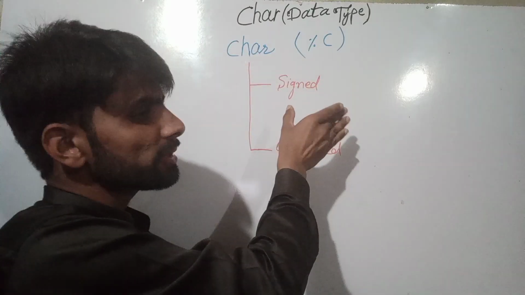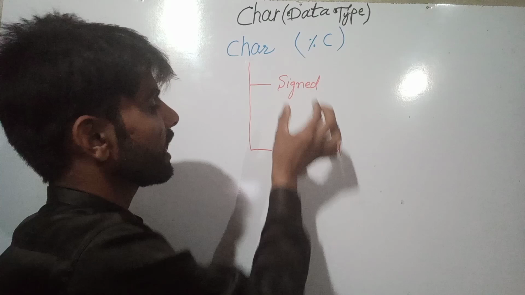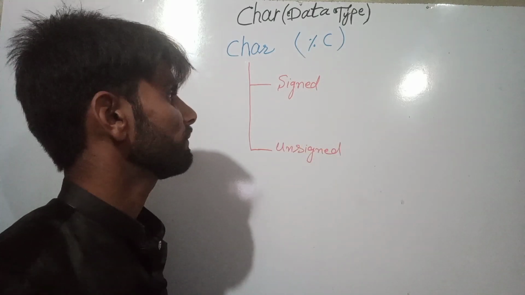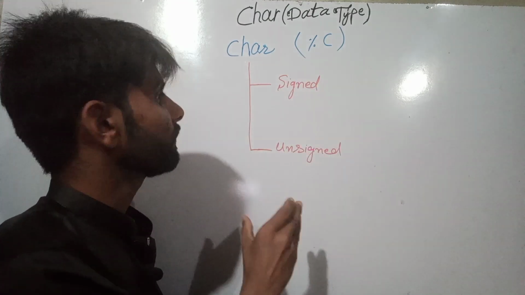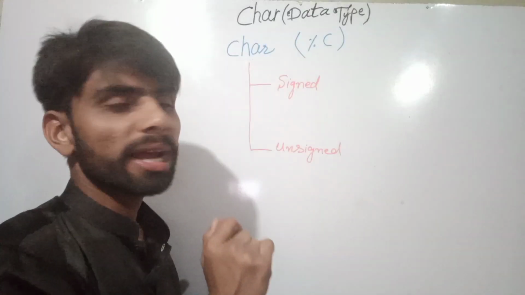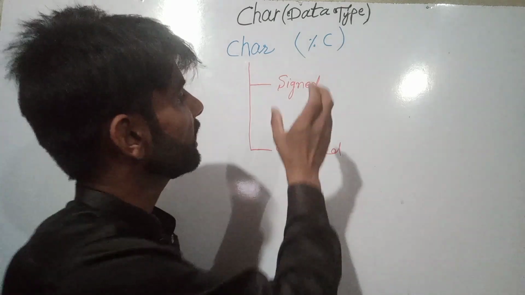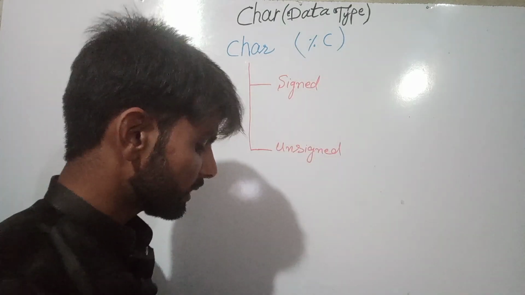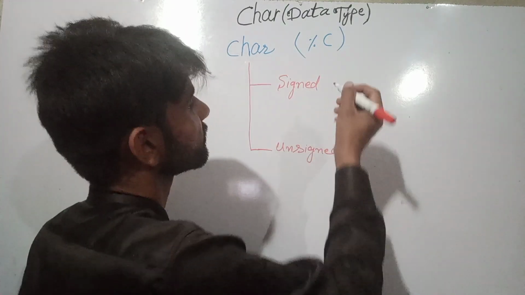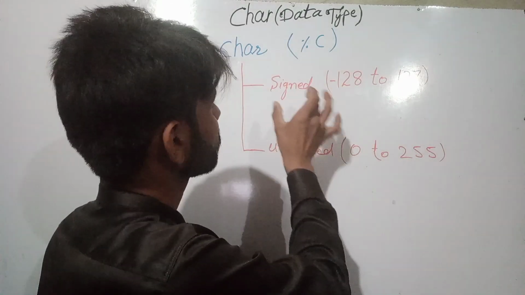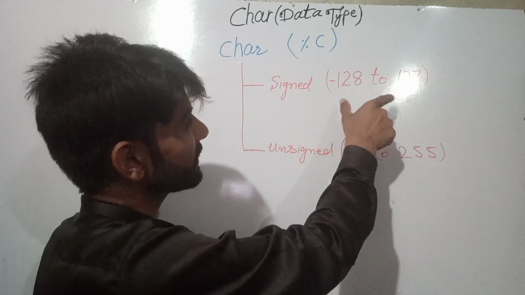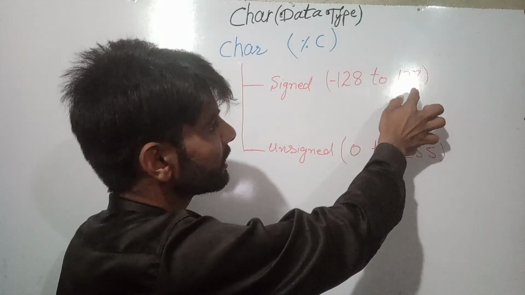In the data types, there are two qualifiers. The first one is signed, and the second is unsigned. What is the meaning of this? These are the range of the character data types. The American standard has made a range for them. For signed it is -128 to 127.